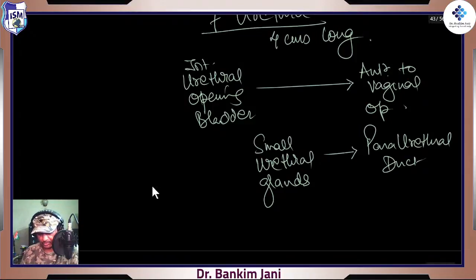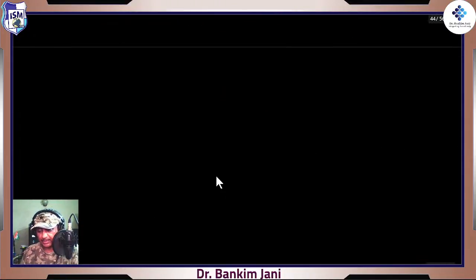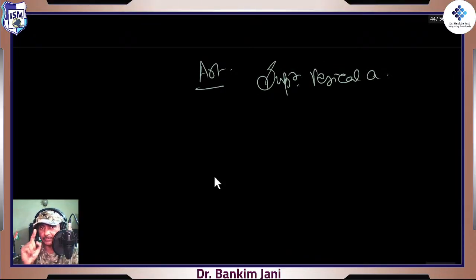Regarding all those arteries and veins, everything is similar. The only thing is that now there will be vaginal arteries. Otherwise, the rest of the arteries remain the same, right? It is the superior vesical artery, and instead of the inferior vesical, there are the uterine and vaginal arteries.